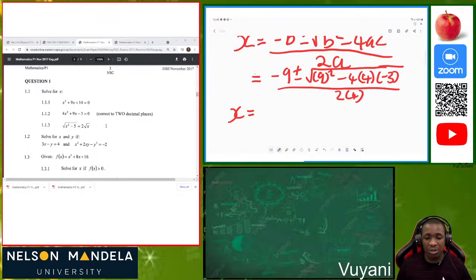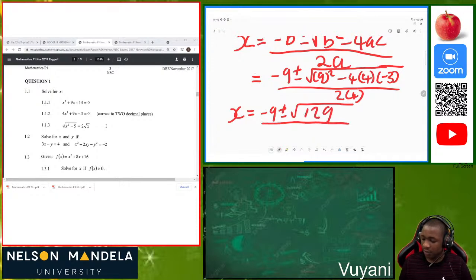So when you are using your calculator, you will find that your x, let's just say negative 9 plus or minus, when you add whatever is inside, you're going to get 129, divided by 2 times 4, and that's 8.